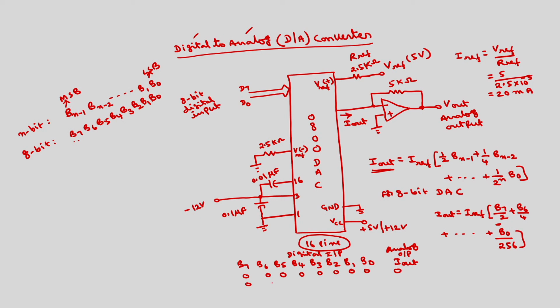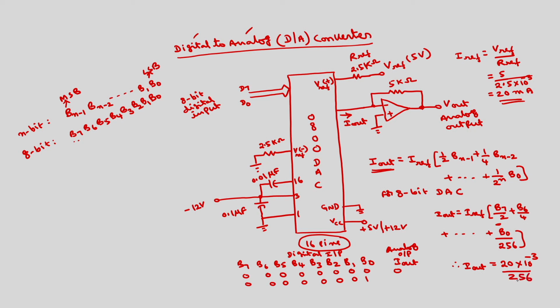If this is 0 0 0 0 0 0 0 1, what will be the value? So B7 is 0, all zeros except for B0. I reference is 20 milliamps. Therefore I out is equal to 20 milliamps into 10 to the power of minus 3 divided by 256. This is I out.